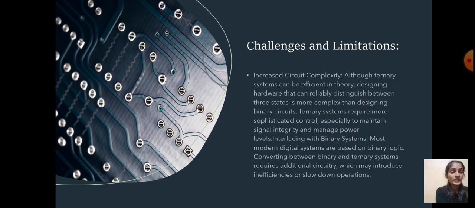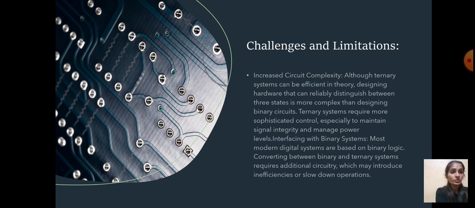Next, we are discussing the challenges and limitations of using the ternary encoder. Increased circuit complexity: although ternary systems can be efficient in theory, designing hardware that can reliably distinguish between three states is more complex than designing binary circuits.